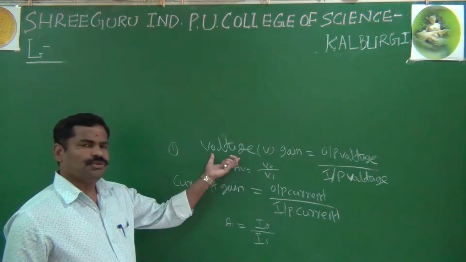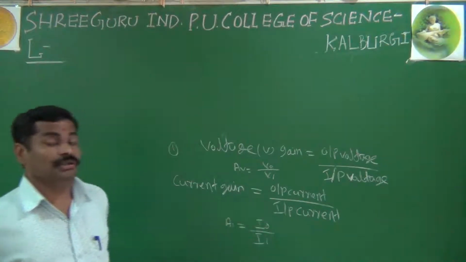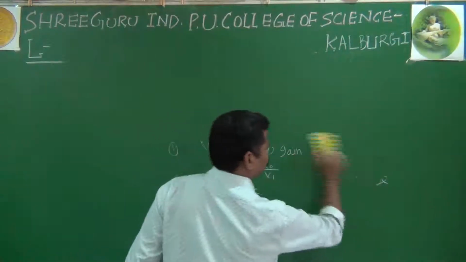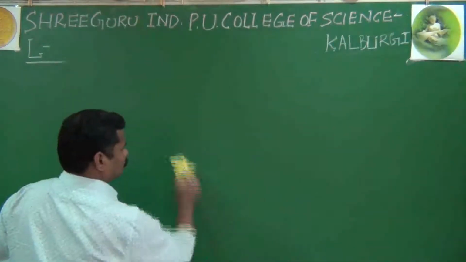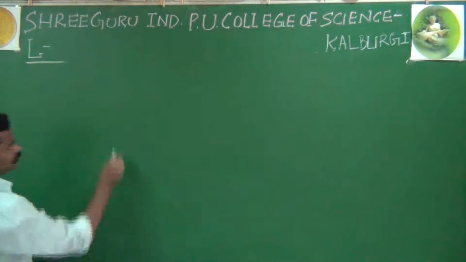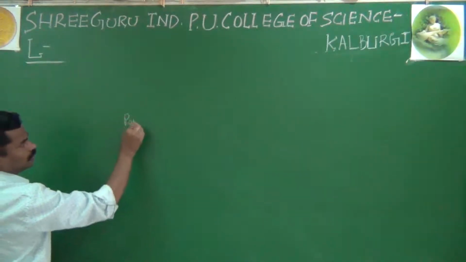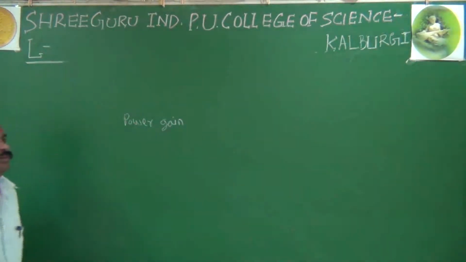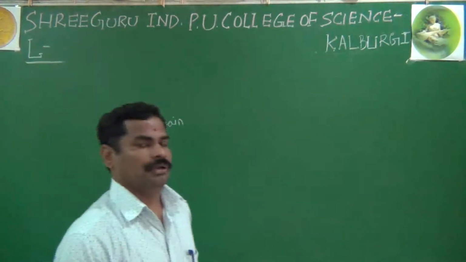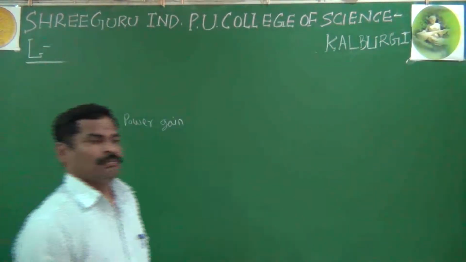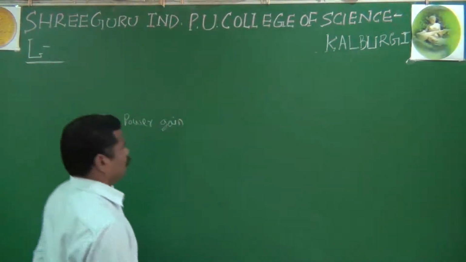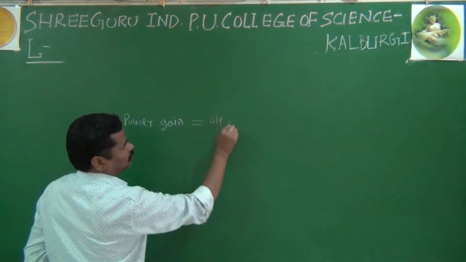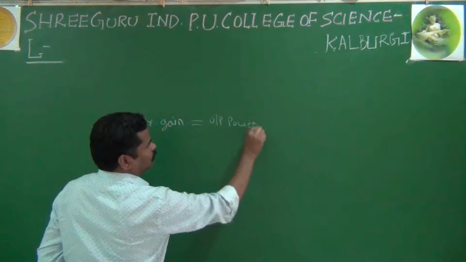Once we know the voltage gain and current gain, it is very easy to find the power gain. What about the power gain? Here also we are measuring the power of the input as well as the output. The power gain is the output power to the input power.